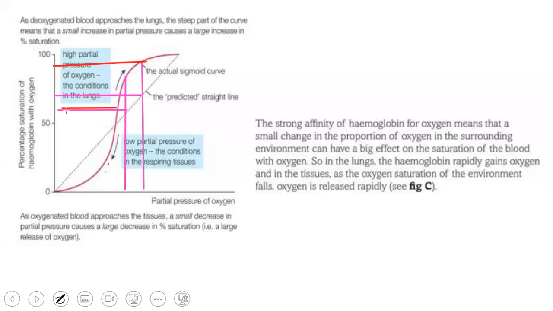This is why the straight line graph is what we would predict, but the hemoglobin actually has a sigmoid shape, because in hemoglobin, a small increase in partial pressure will produce a large increase in percentage saturation.